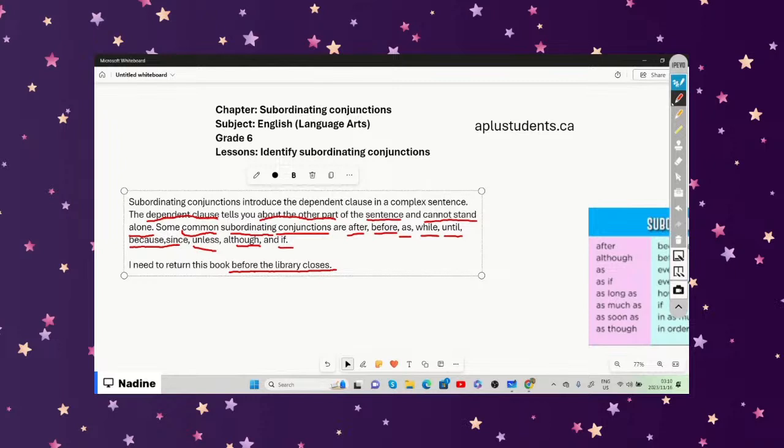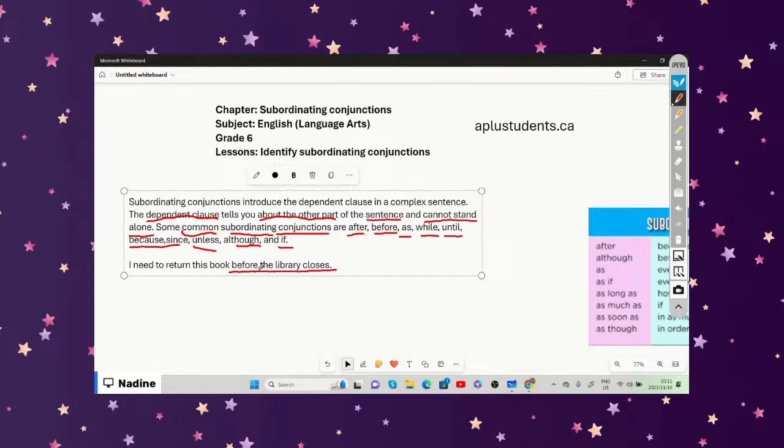So in order to make it easier, you need to know what your subordinating conjunctions are, because then you'll be able to identify what your dependent clause is within your sentence, right?